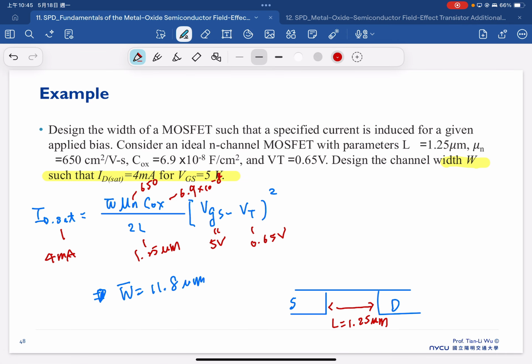Therefore, to make sure that this transistor can deliver the current to reach our target, the question is common and useful, because this is typical when we design the layout of our transistor. We will face these issues because we don't know how large a W we should design.